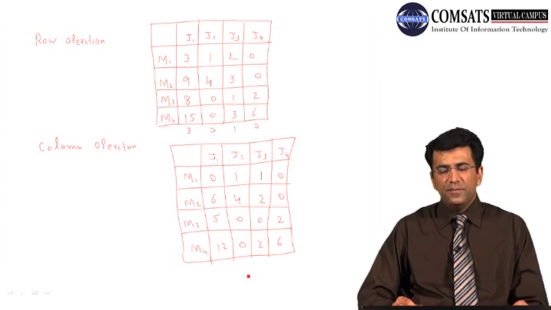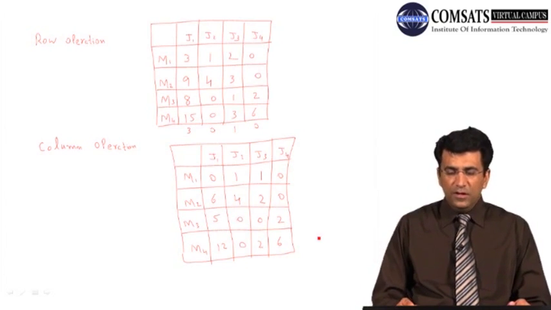After this step we follow the same row operation and then the column operation. Then you must remember the third step, that is, we have to assign the different zeros after this column operation, and for that we start from the first row.